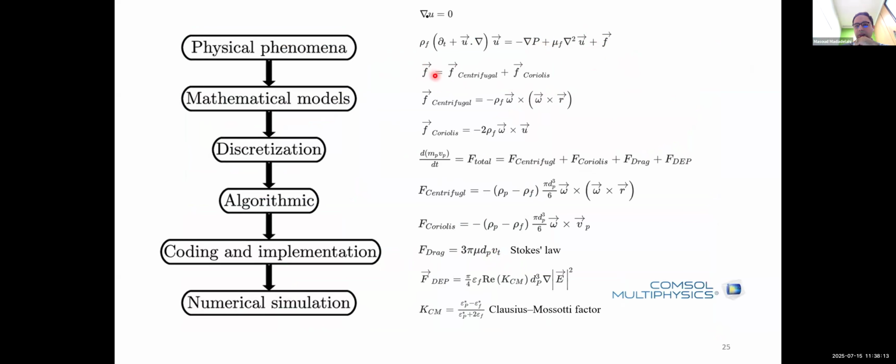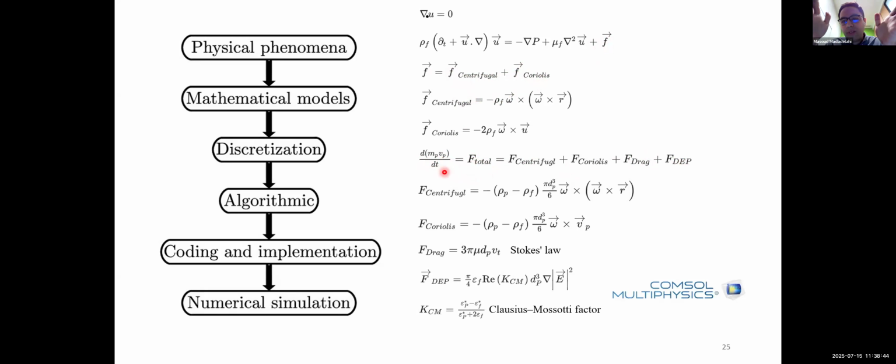Body force here is called F, where we have centrifugal force and Coriolis force, which are coming because of that rotation. Then for particle tracing, you need to solve second Newton's law, that is here, right? This is basically that sigma F is equal to MA, that famous equation.